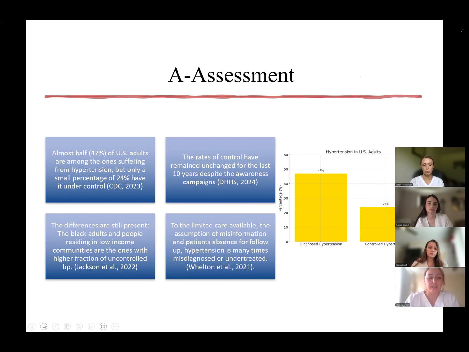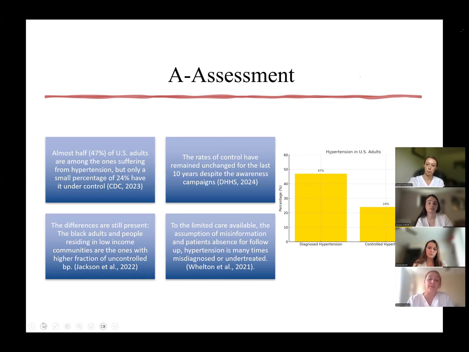So that's why you will see repeated numbers and some repeated information as well. As Jessica mentioned, half of US adults are suffering from hypertension, and unfortunately only 24% of this population have it under control.